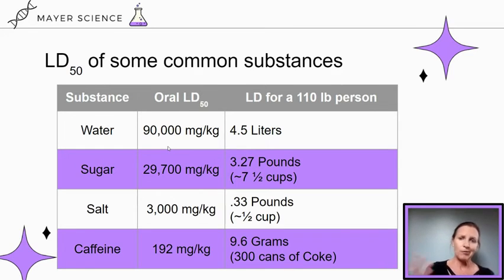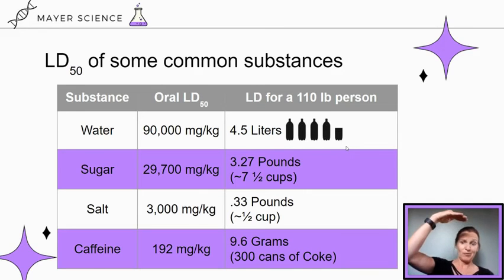Your average middle school kid is probably somewhere in that general range. So in a very short amount of time, the LD50 for a 110-pound person is going to be 4.5 liters of water. Think of two big 2-liter pop bottles and a quarter of a bottle in a really quick period of time. Sugar, the oral LD50, is 29,700 milligrams per kilogram.